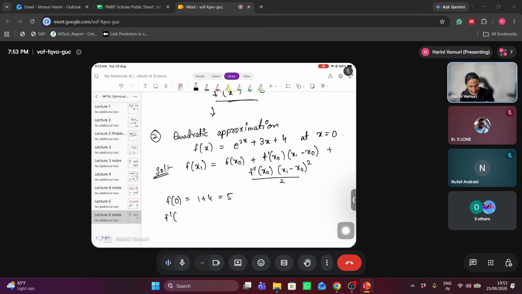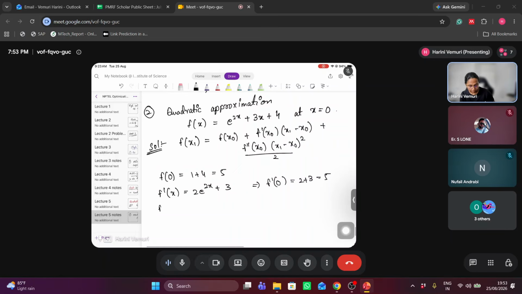F dash of x is 2 e power 2x plus 3. So f dash of 0 is 2 plus 3, 5. F double dash of x is 4 e power 2x. So f double dash of 0 is 4.